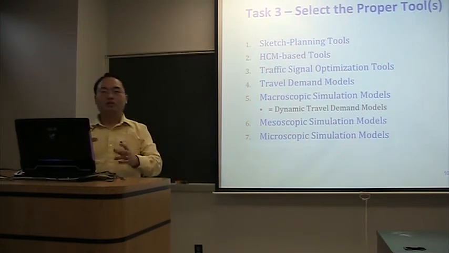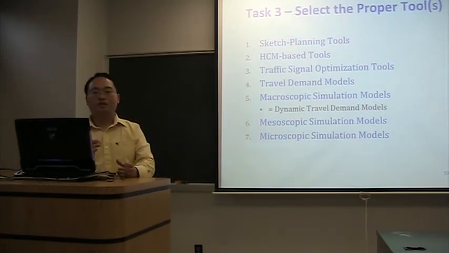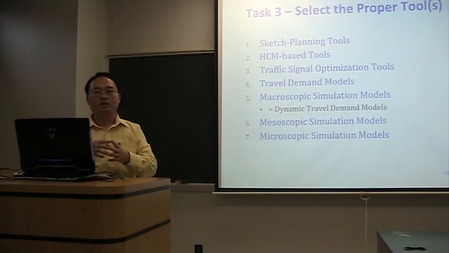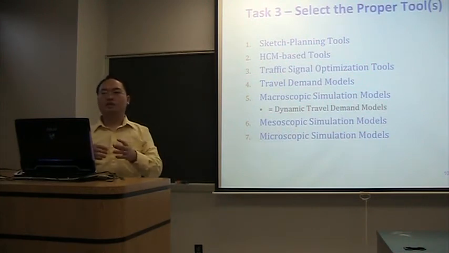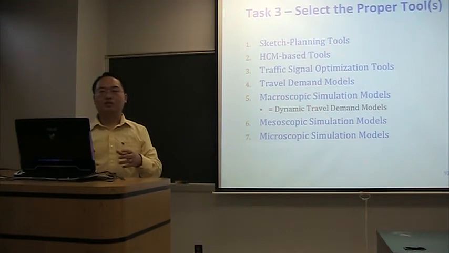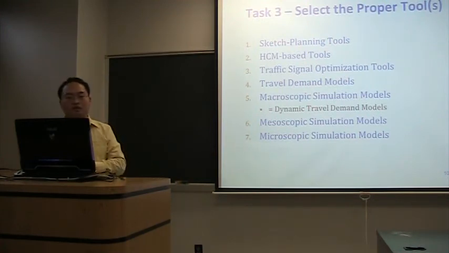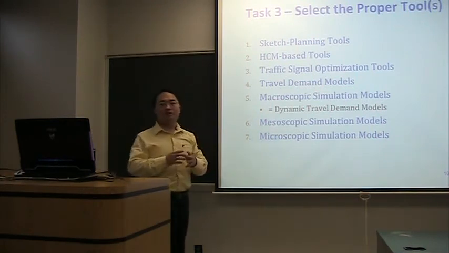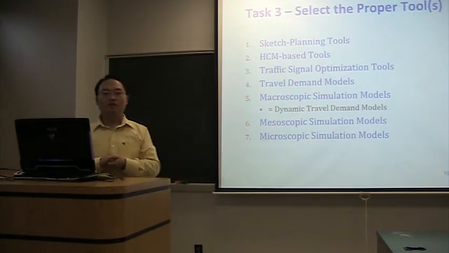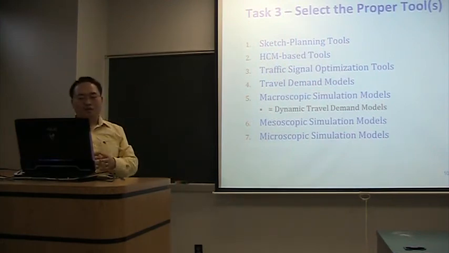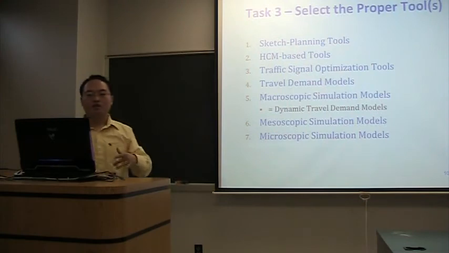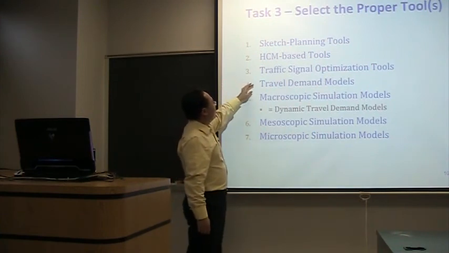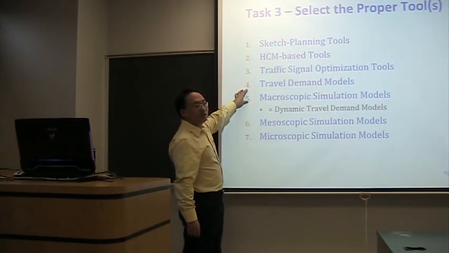Now, if for example I want to design a project for a very big area, like New York State, like interstate systems or arterials in New York State, in this case, we don't need to know the vehicle movement at a specific time, right? We only need to design it in a macroscopic scale. So we will use either travel demand models or macroscopic simulation models.